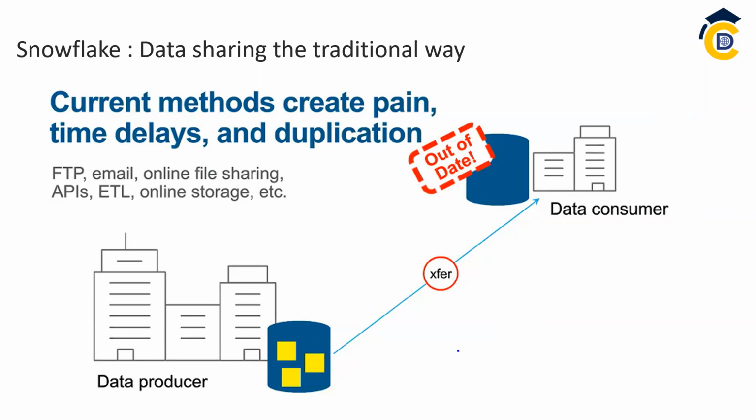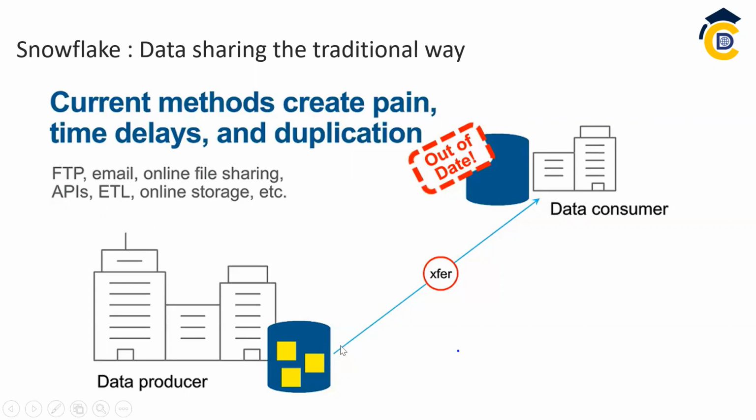Say you are a data producer trying to transfer data to a data consumer, for example an external application which wants to access the data, and you are the source of truth. You want to transfer your data every day, or you have different requirements: intraday, nightly, every 15 days, monthly, like that.